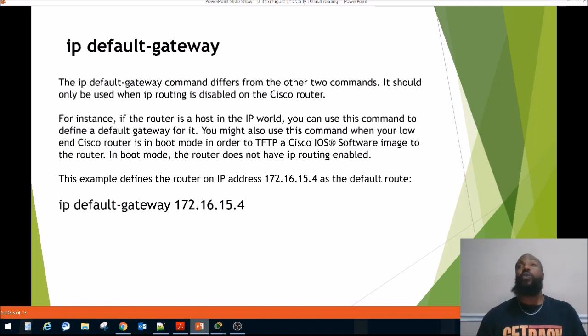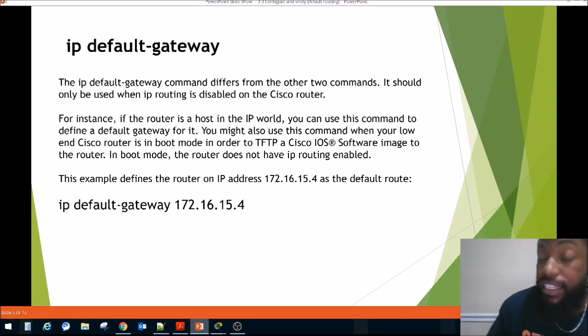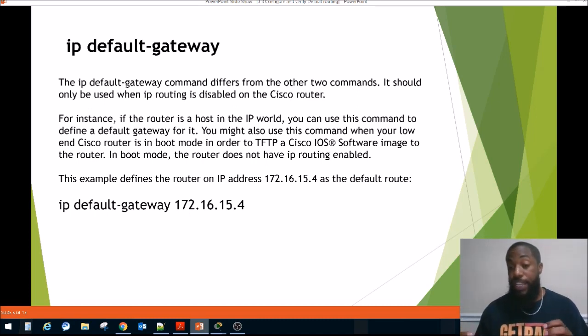Well, IP routing may be disabled on a router, but nine times out of ten it would be disabled on a layer 3 switch. Remember, a layer 3 switch can route, however it's not enabled by default. You have to type in, I believe, ip routing to turn on routing on a layer 3 switch.